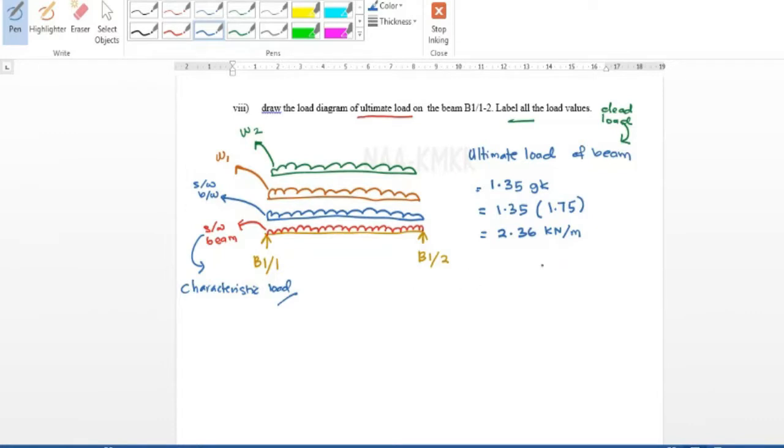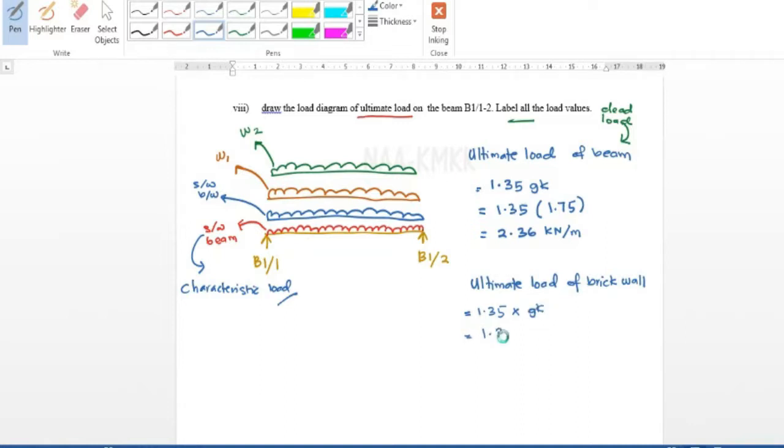Next, the ultimate load of brick wall. Brick wall is also dead load, so it's equal to 1.35 times Gk.